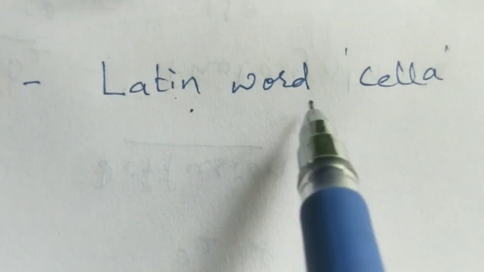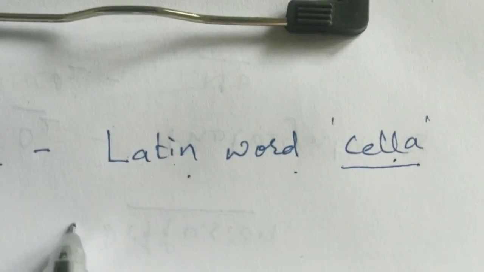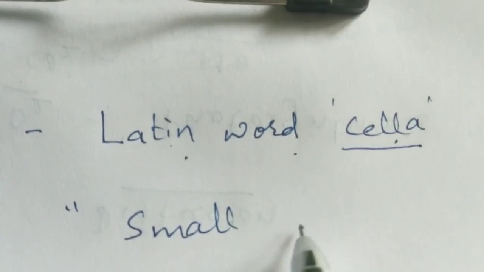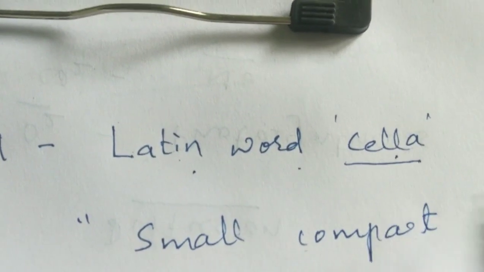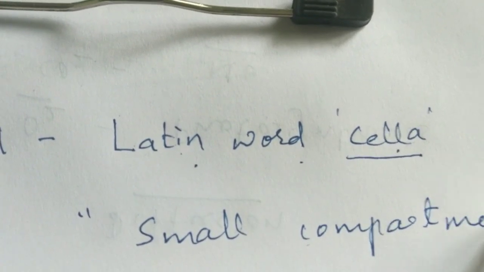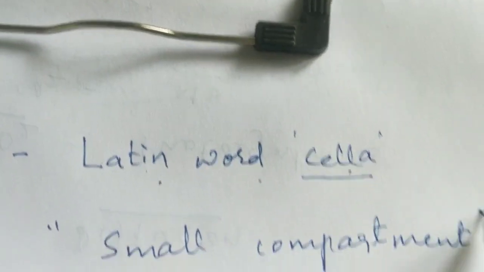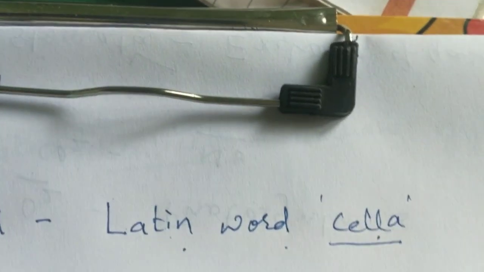The word cell is derived from the Latin word called cella. What do you mean by cella? Cella means a small compartment.